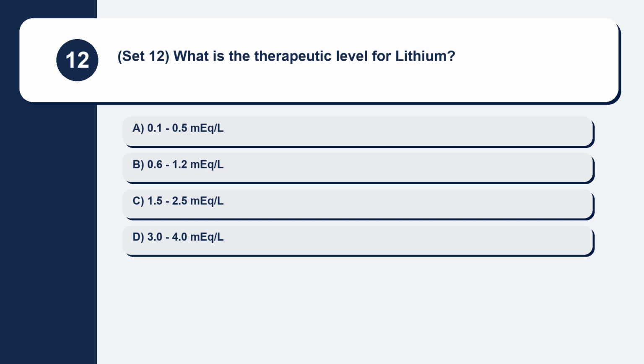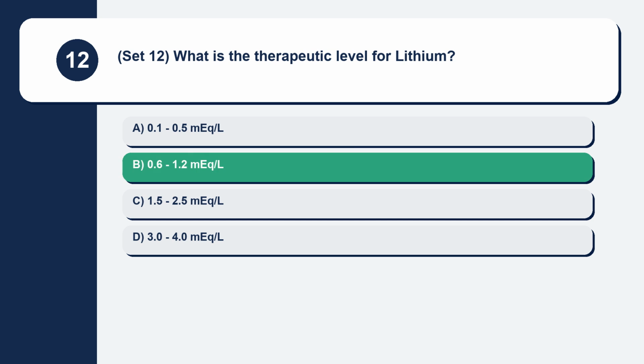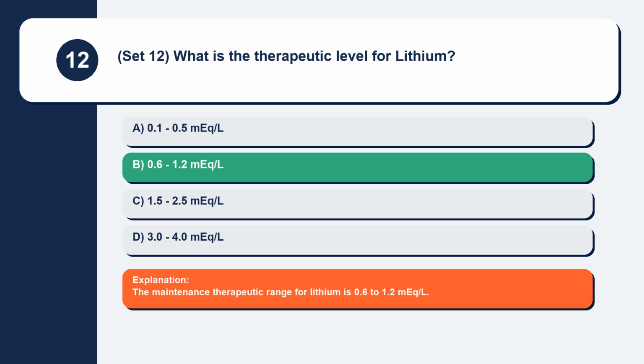Question 12. Set 12. What is the therapeutic level for lithium? 0.1 to 0.5 mEq/L, 0.6 to 1.2 mEq/L, 1.5 to 2.5 mEq/L, 3.0 to 4.0 mEq/L. The maintenance therapeutic range for lithium is 0.6 to 1.2 mEq/L.